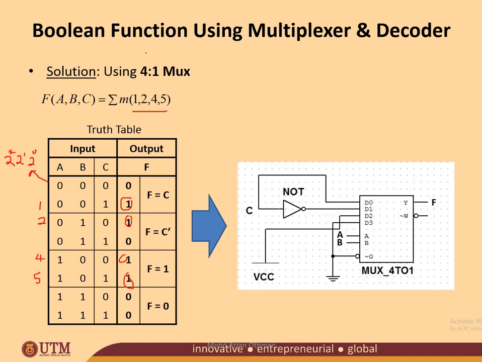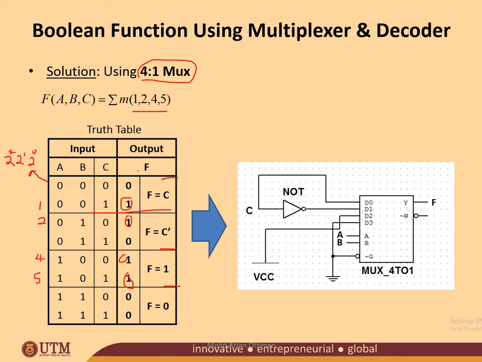So for this, it's a 4 to 1 mux. What you guys can do is, of course, the first thing, divide this. Because you have 8, you can simply divide by 4, because now you only have 4 possible input combinations.